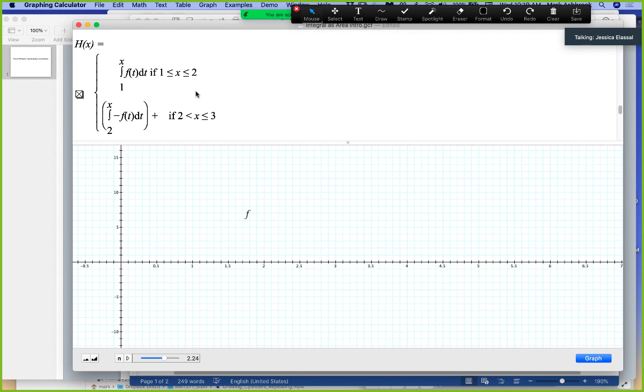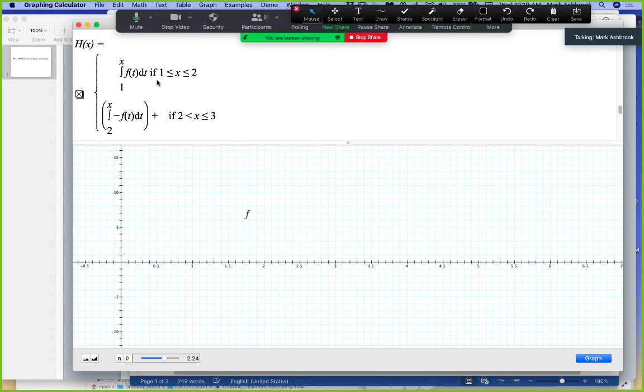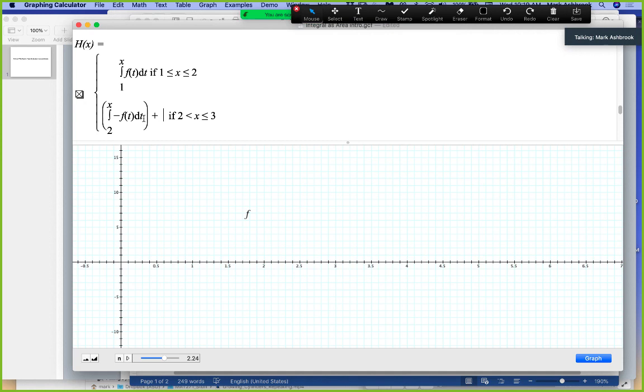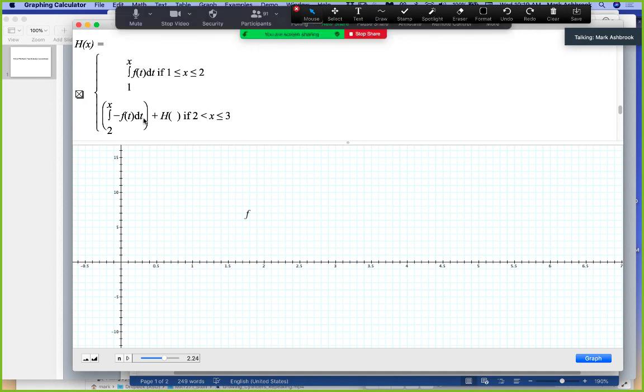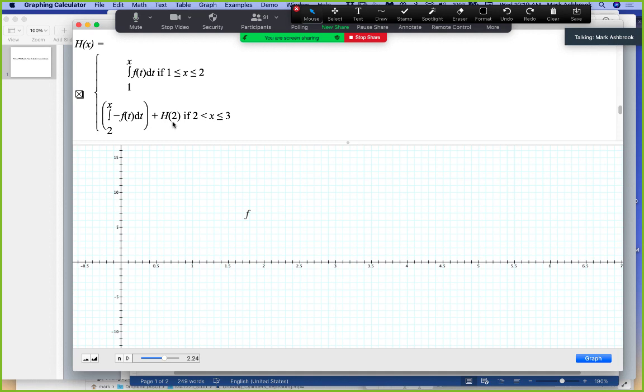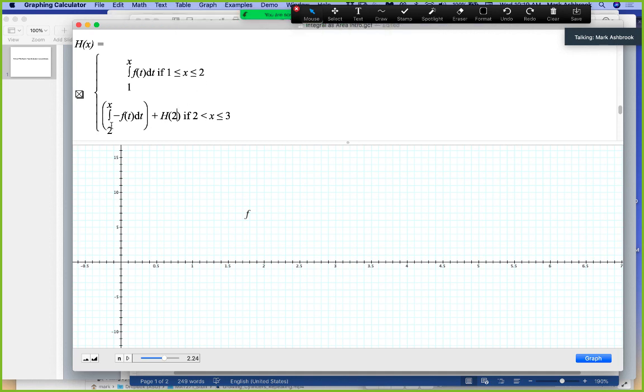Yes. Instead of the whole integral, we can actually use h of 2, because we're past x equals 2 and we know what h of 2 is. That's all the accumulated area up till 2. And then we add the new accumulated area where that function was below the x-axis, where the rate was negative.